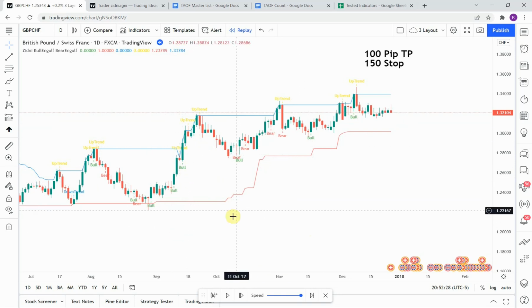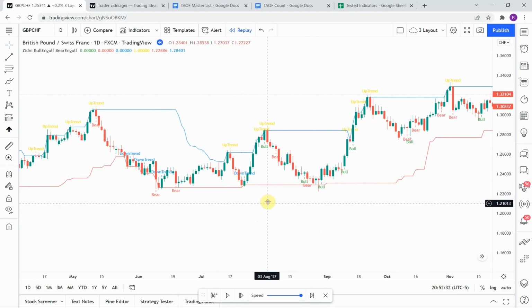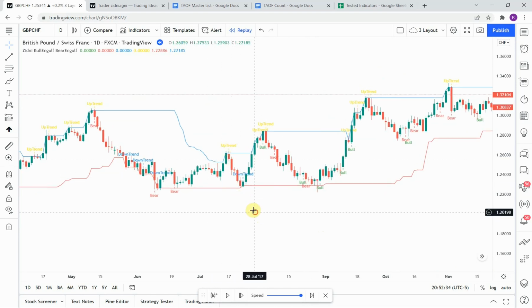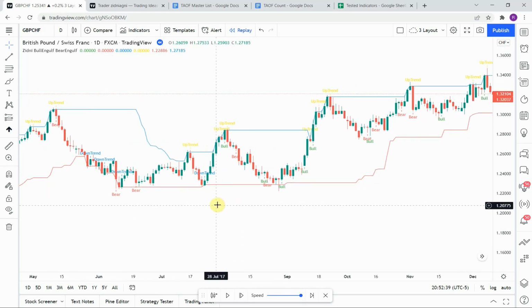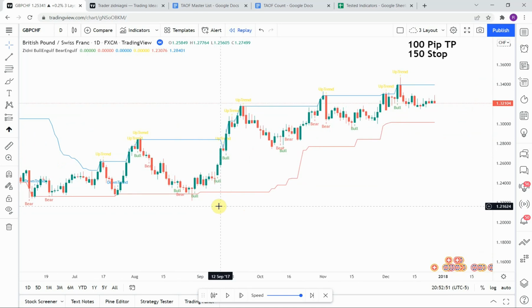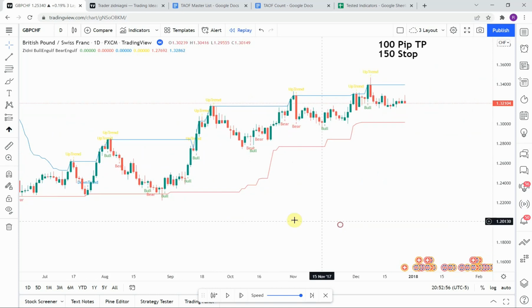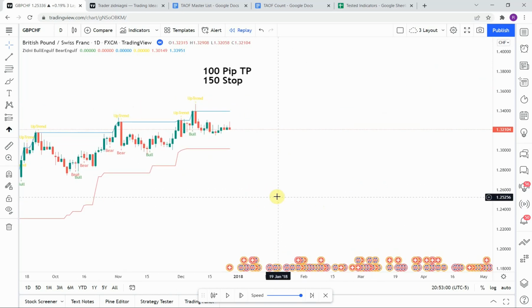Now, if price comes down and it shows a downtrend, then it cancels out that uptrend, and we then start looking for a bear signal. The uptrend and downtrend is giving us the overall direction of the market, the overall trend direction, and then the bear and bull signal is giving us the short-term candle pattern that is telling us when we should then be entering into the market. So I hope that makes sense. Let's go ahead and get on with the testing and see what we can get out of this.